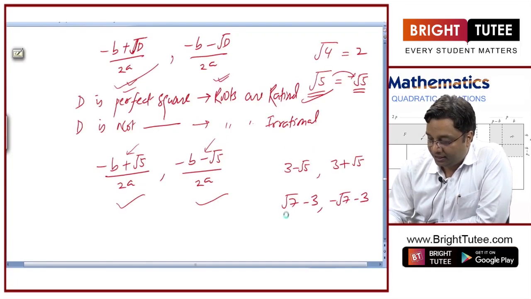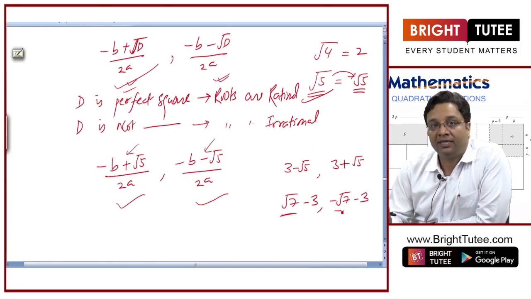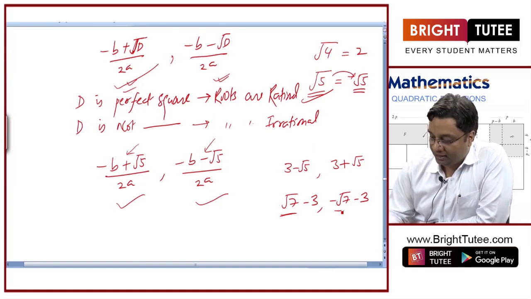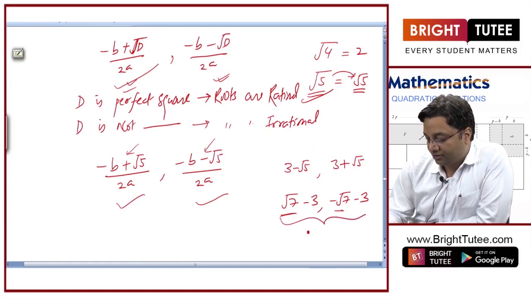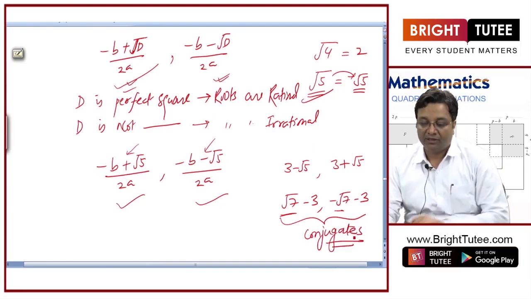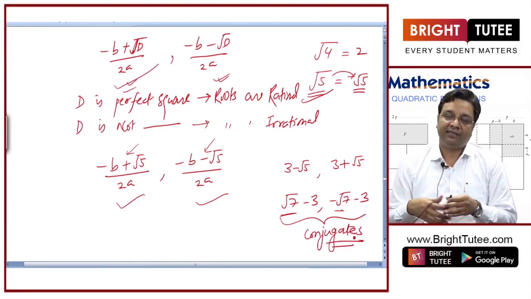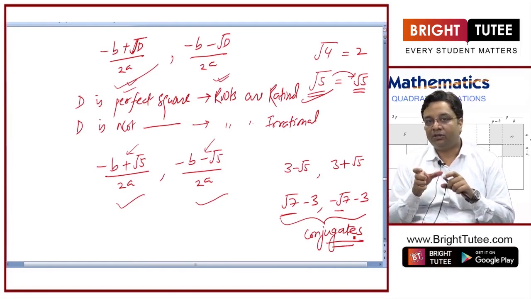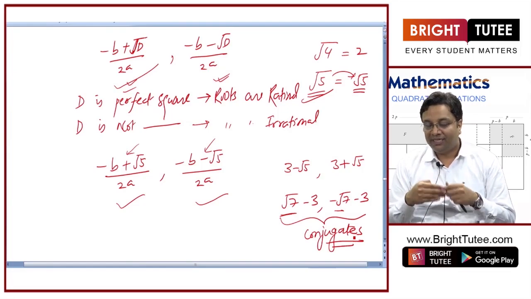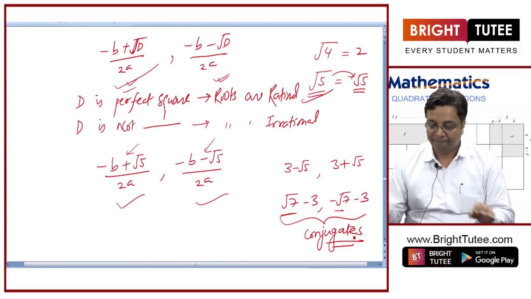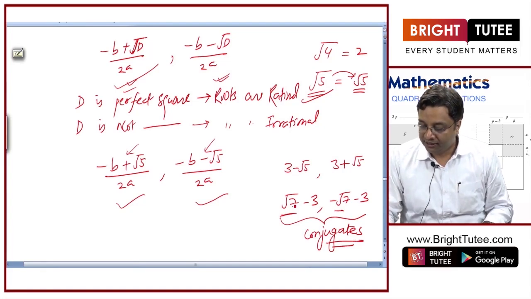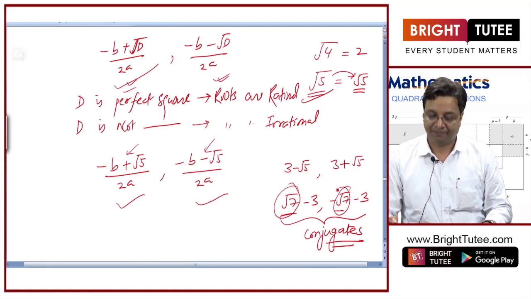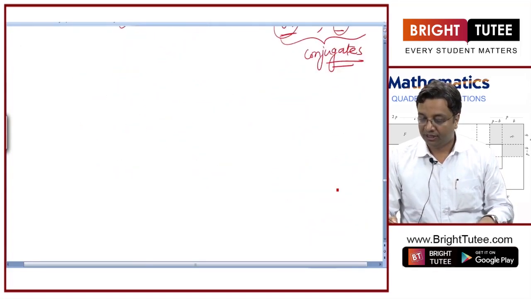Only the sign of this irrational number is changing. So we call such roots conjugates also. In brief, when d is not a perfect square, we will have irrational roots, and those irrational roots will be in conjugate pairs. We just need to take care that the sign of the irrational part will change. So this was about the nature of roots.